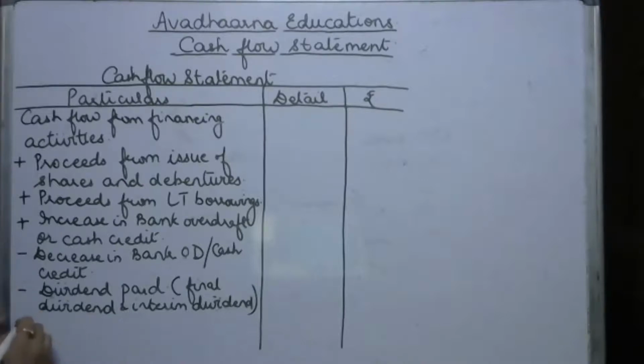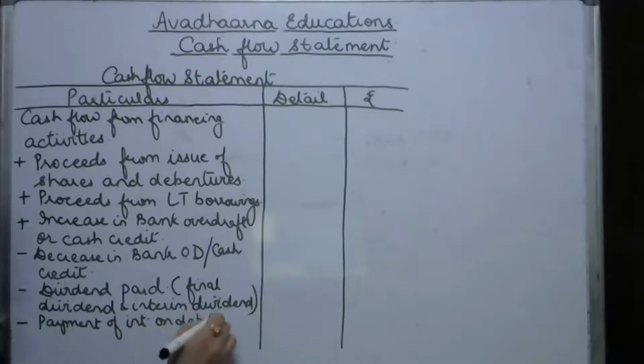Then payment of interest on debentures and other long-term borrowings. So all these payments, fine, all these payments are going to result into cash outflow from financing activity.